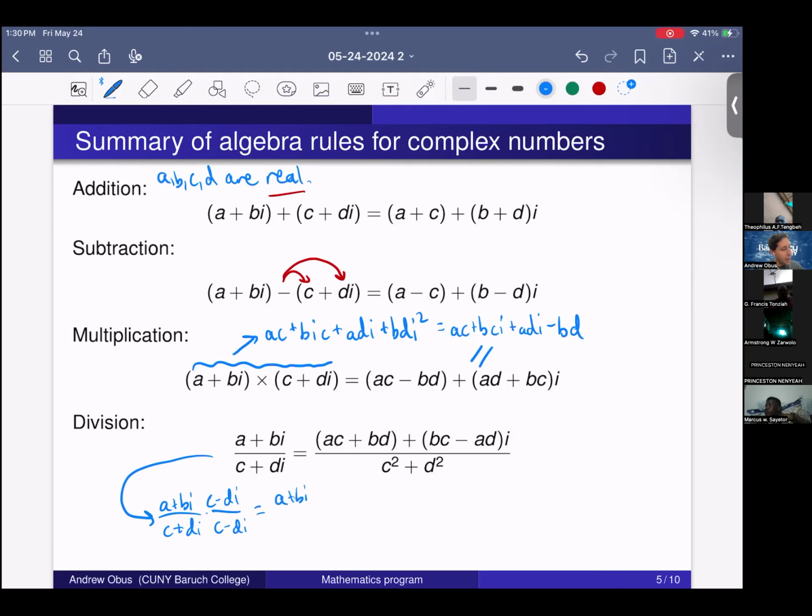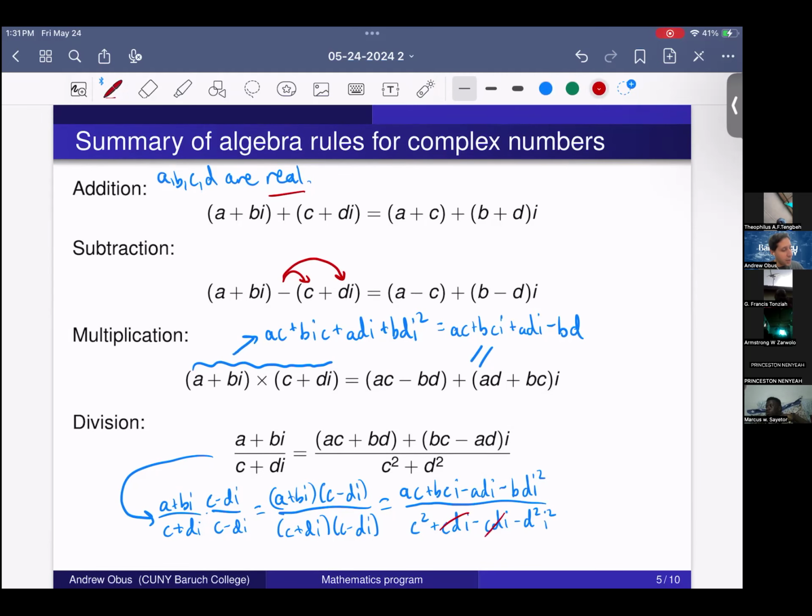That's a plus bi times c minus di divided by c plus di times c minus di. And if you do out every step here, this is going to be ac plus bci minus adi minus bdi squared divided by c squared plus cdi minus cdi minus d squared i squared.